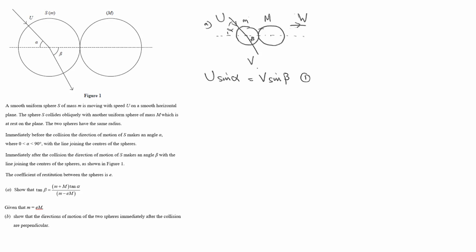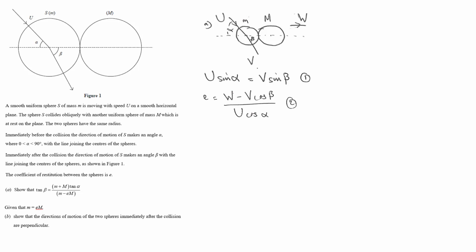So it's just the components of the velocity. And there I've done it perpendicular. So w, notice there's no cos or sine on the w because it's just moving horizontally.